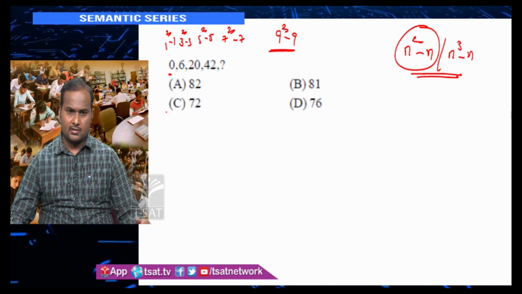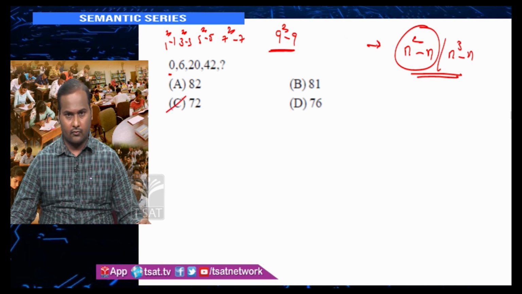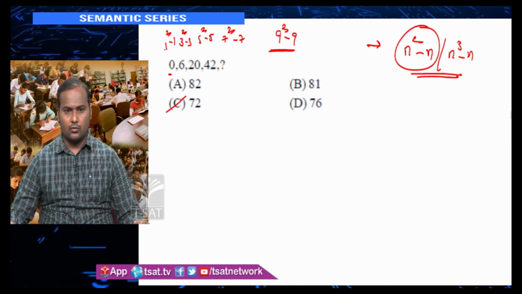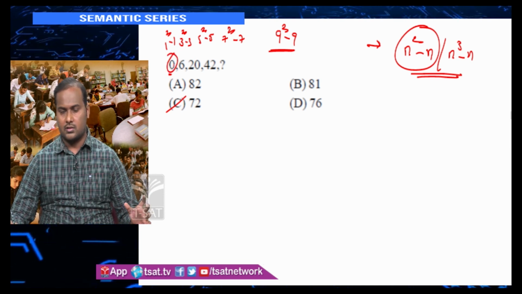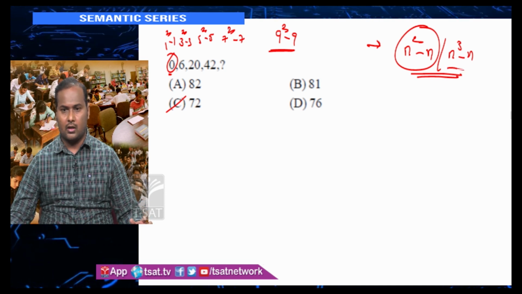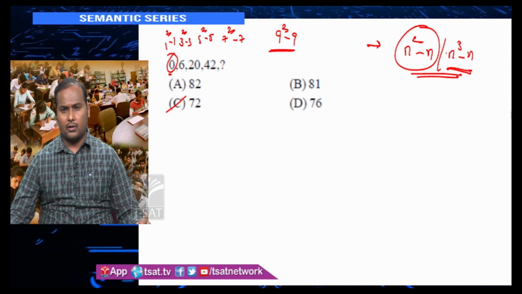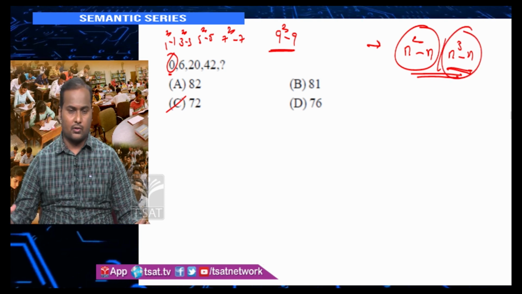So the answer is 72. So the format here is n square minus n. I already said that the clue is the first one, 0. The moment you recognize 0, the first thing that should come to your mind is that the format is either n square minus n or n cube minus n. But the thing is, in n cube minus n, the differences will be very big numbers because they are cubes.